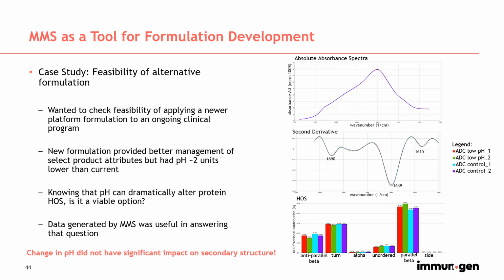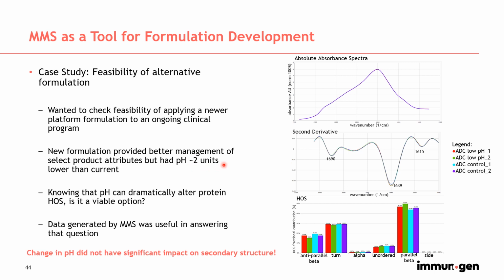So the corresponding ADC and the other ADC that was buffer exchanged into the low pH formulation were analyzed using MMS, and as we can see from the absolute and the second derivative spectra, they were almost exactly overlapping with each other, which indicated good agreement between the secondary structures of the two samples.